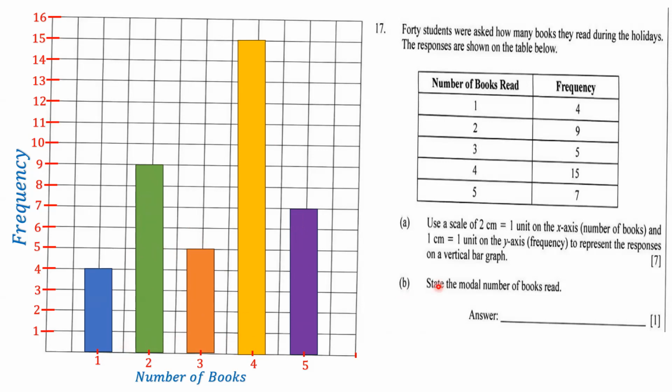Let me say that again. We have 4 students read 1 book. We have 9 students read 2 books. We have 5 students read 3 books. We have 15 students read 4 books. And then we have 7 students read 5 books. And so that's how we do it.